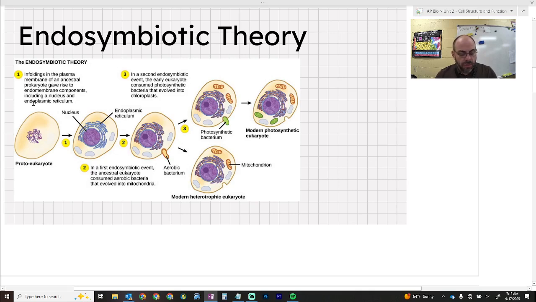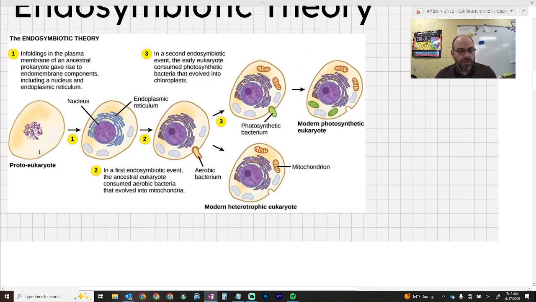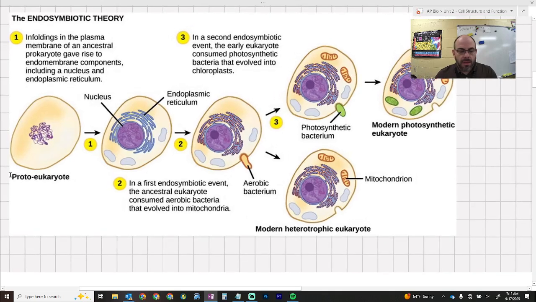So the general idea is that you're going to see all this kind of language. Proto-eukaryote. Proto means first eukaryotes.